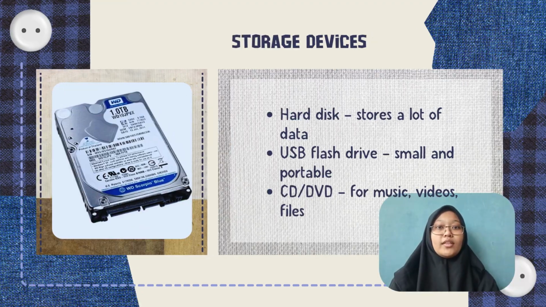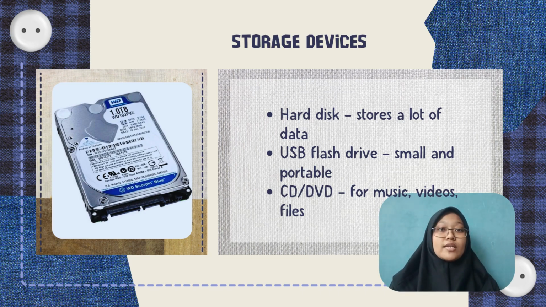I'll continue with the next part, which is about storage devices. Let's start with the first one, hard disk. A hard disk is a storage device that stores a large amount of data, providing long-term storage for various files and applications. Next is the USB flash drive.